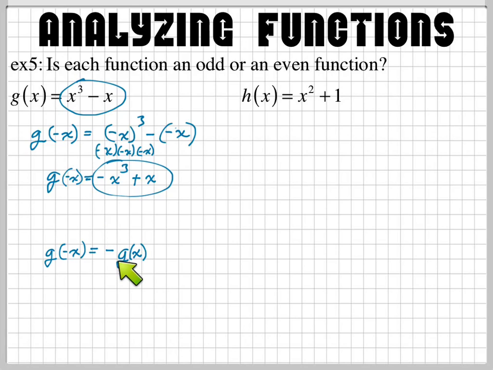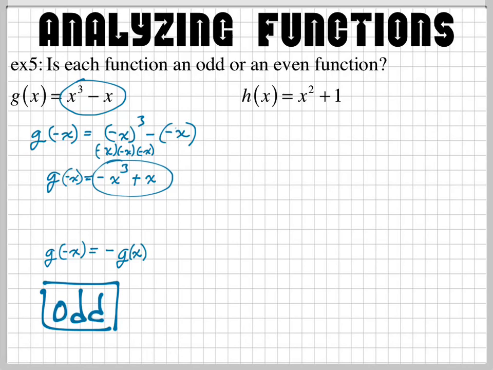So if I put a negative in front of it, I'm saying the opposite of g of x, which is what this is. To take the opposite of the rule, you just have to multiply everything by negative 1. If they do that, then you know that it's an odd function. So if it's the opposite of the original, then it's odd.